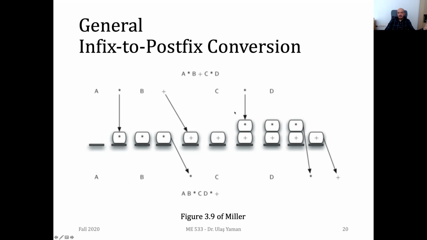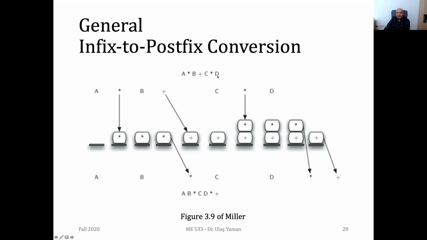We need to put it into the stack. And underneath, we have a plus sign. Okay, no problem, since multiplication is more important. So we don't need to pop plus first and then put the multiplication into the stack. We can simply stack them together.